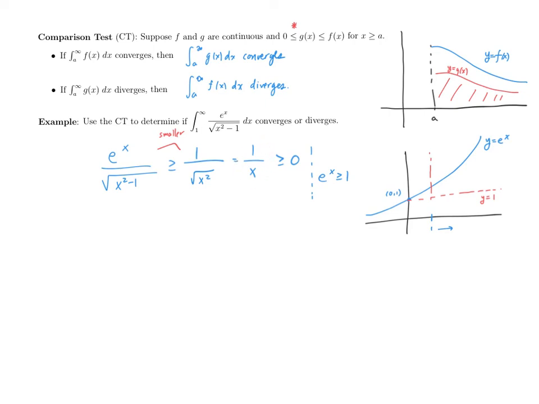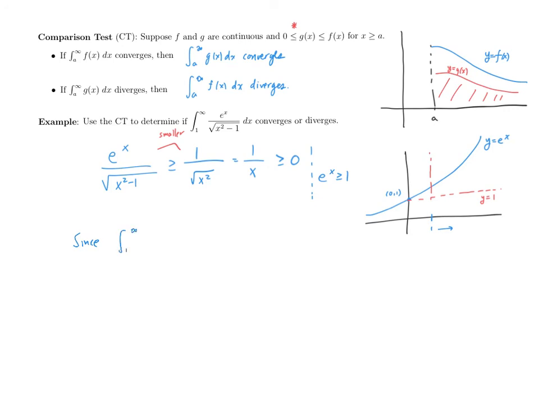So now, thinking about what the comparison test is going to tell us based upon what we know about the integral of 1 over x. It diverges. And if the improper integral of the smaller function diverges, think this red shaded area above, then the improper integral of any larger function is also going to diverge. And we need to write this up a bit carefully. So we need to first make our observation.